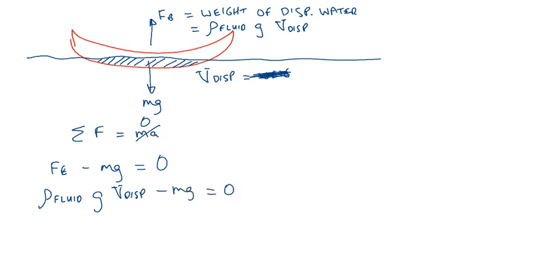And typically they'll give you some numbers and expect you to find something else. For example, here, let's say we wanted to find the displaced volume of the canoe. So maybe the problem reads, I don't know, 300 Newton canoe.